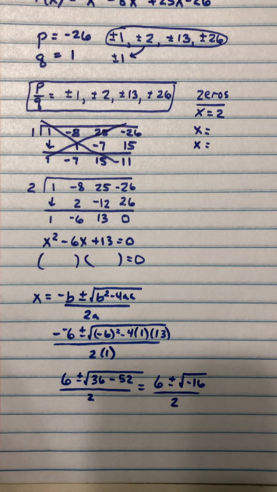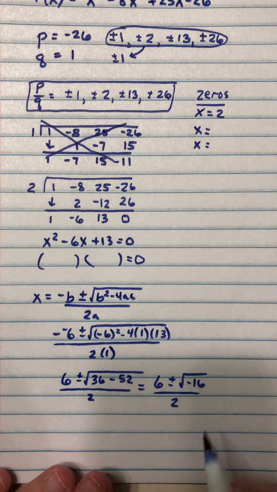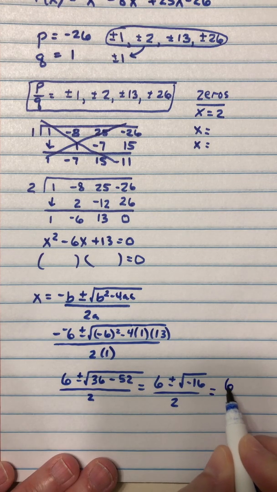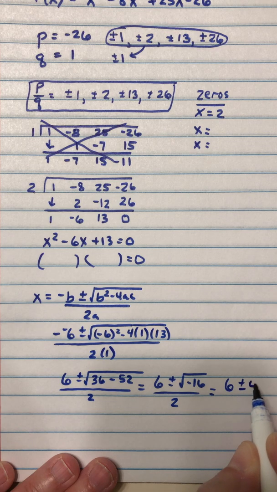All right, and we know the square root of 16 is 4, and because it's negative, we're going to have an i. So 6 plus or minus 4i over 2.